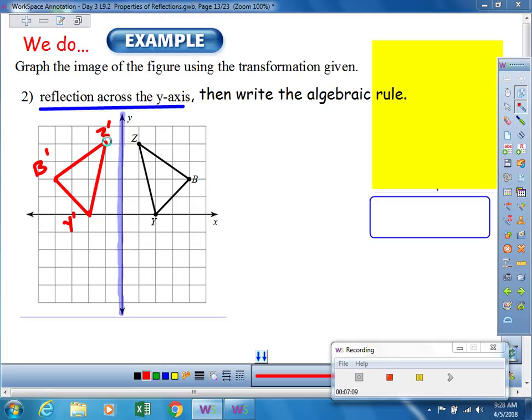In order to get the algebraic rule, I'm going to write the ordered pairs so that we can discover this algebraic rule. So the ordered pair for here is 1, 4. And this one is negative 1, 4.